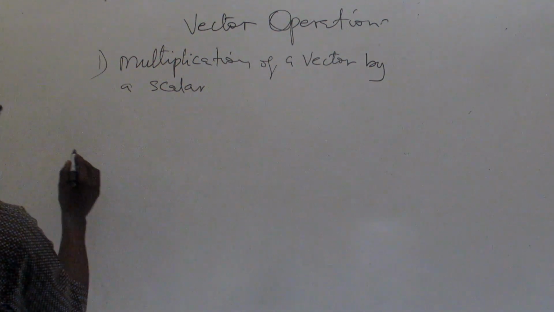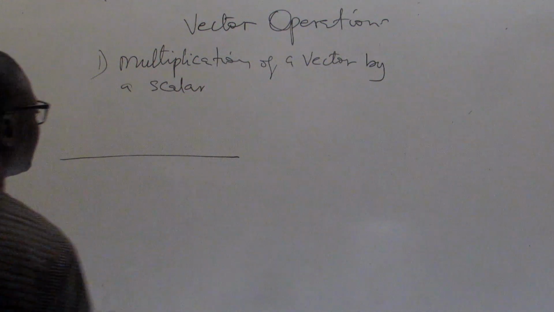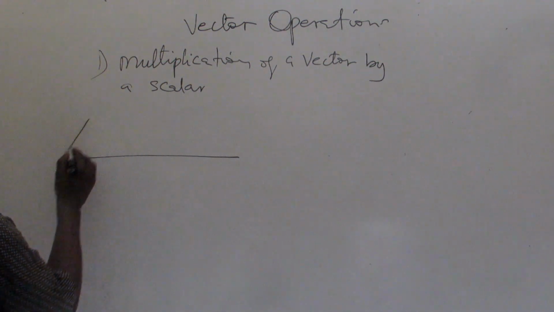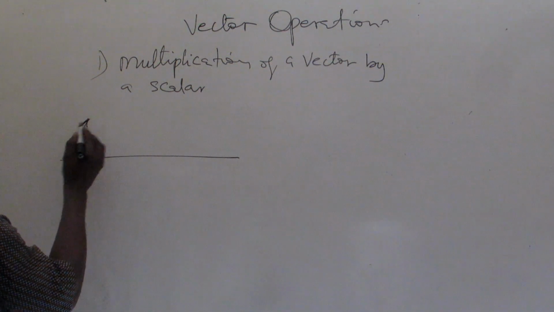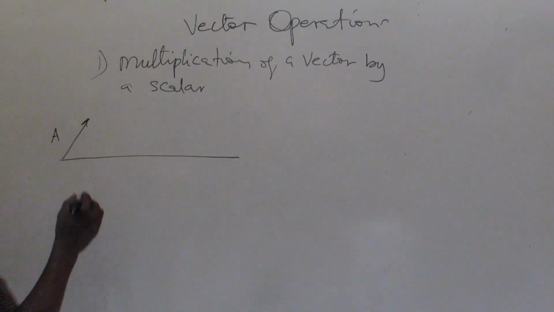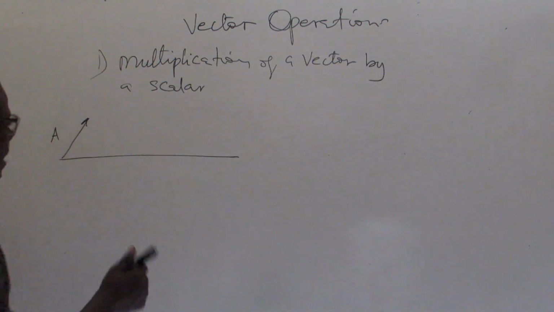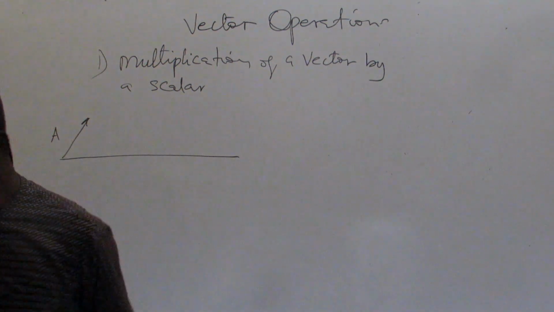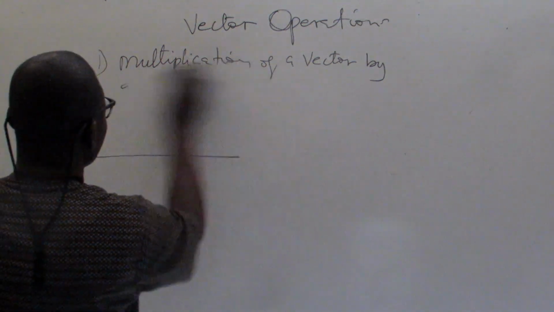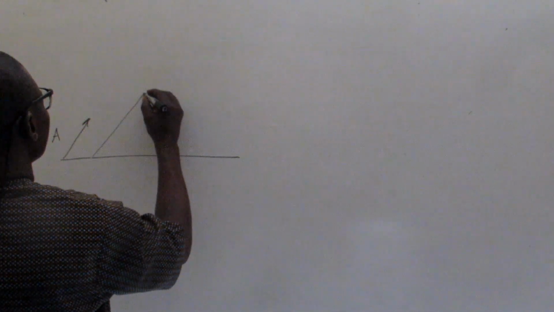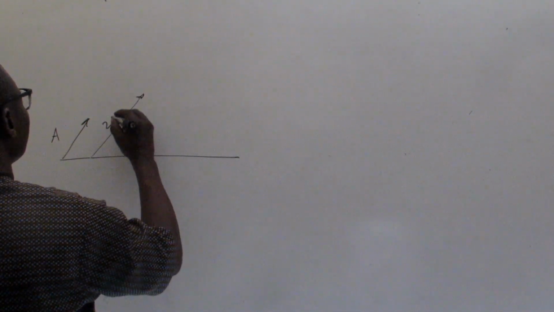We look at an example like this. If we have a force, let me say A, of 1 unit this way, and then I double it up, you see that this becomes 2A.